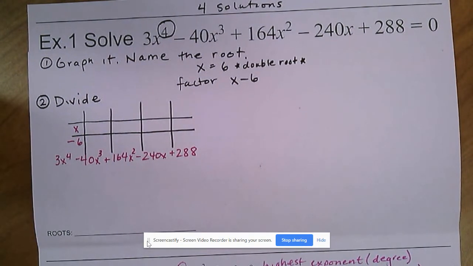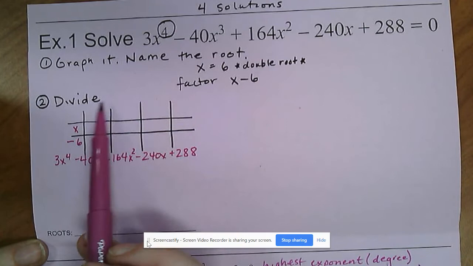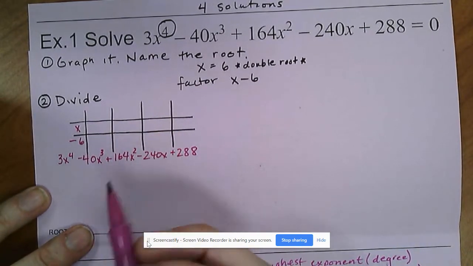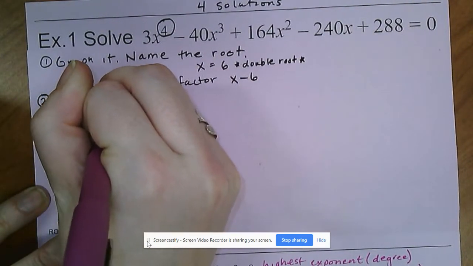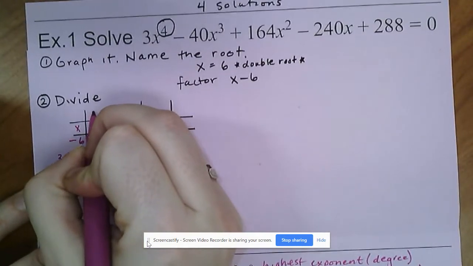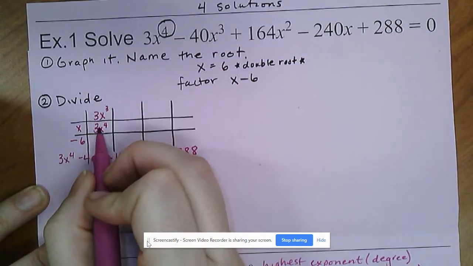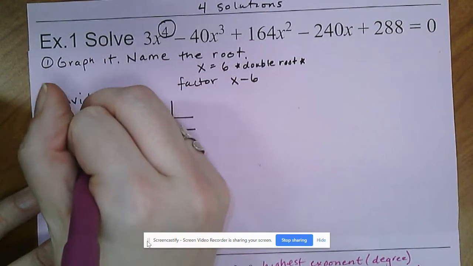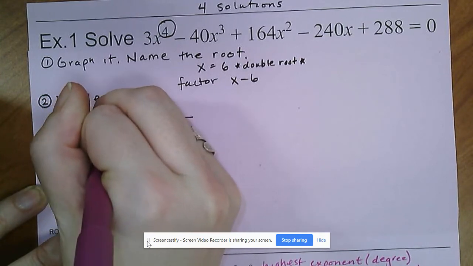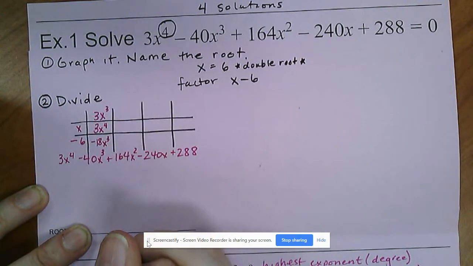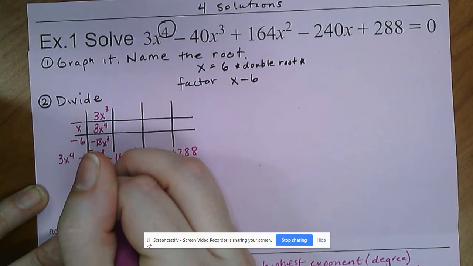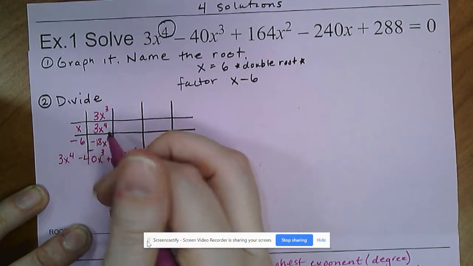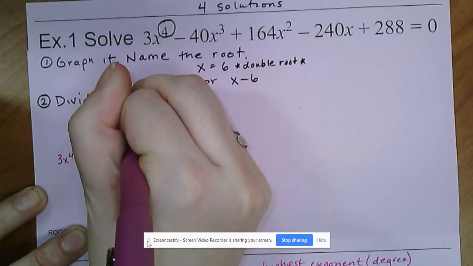Okay, so when I do my division, again, remember we want to have that remainder of 0. And we're really most interested in the quotient that we're going to get. So I'm going to put my 3x to the 4th here. 3 times x cubed gives me 3x to the 4th. And then I'm going to multiply my row and my column. And then I'm going to subtract. Negative 40 minus negative 18. I get negative 22x cubed.